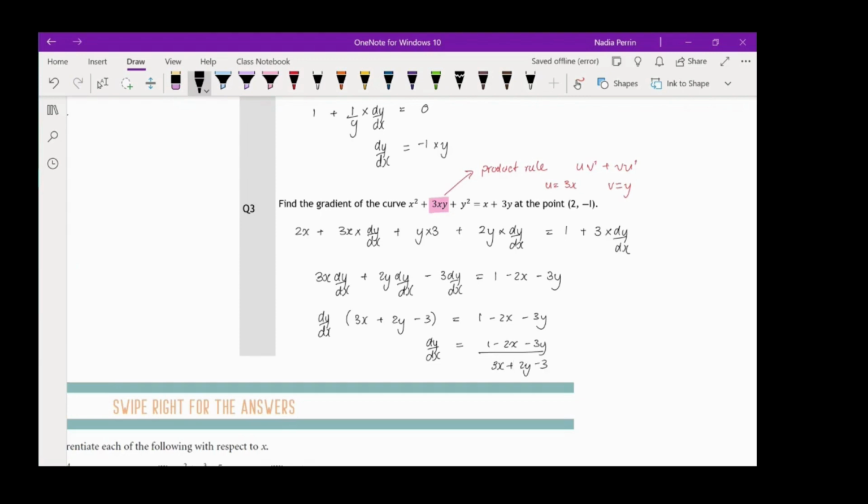And then if we want to find the gradient at the point, we're just going to put that point in.